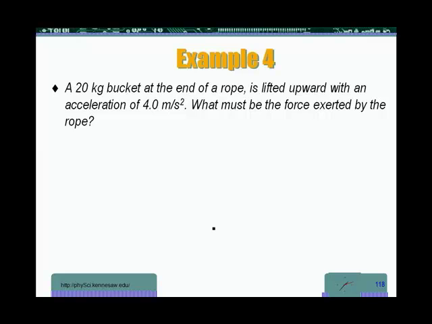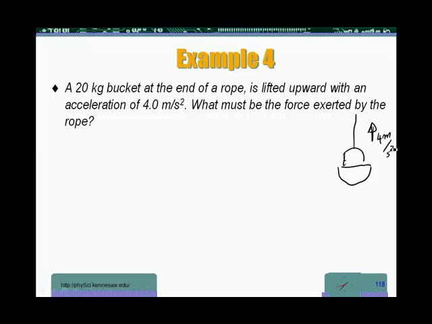This is also the same level as the other one, and it can be broken into several questions. Okay, now first question can be, so we have a bucket at the end of a rope, and it is being lifted upward with an acceleration of 4 meters per second squared.